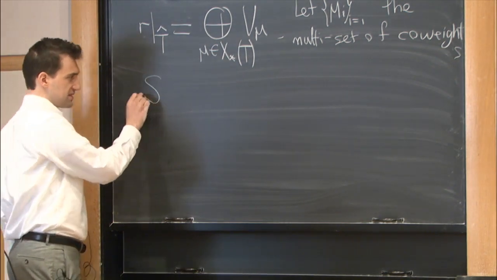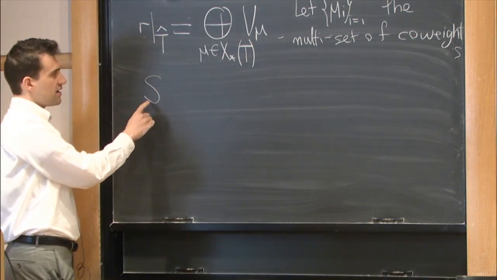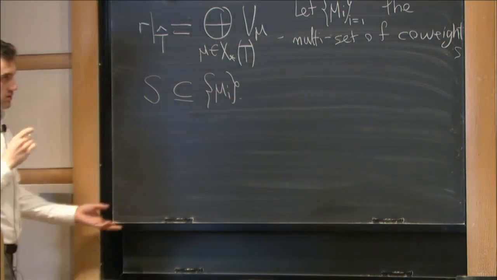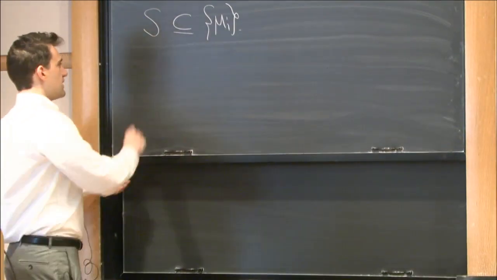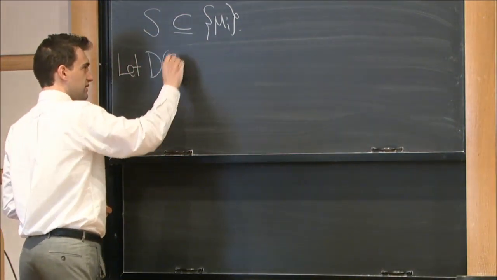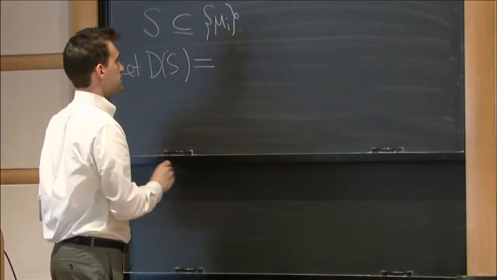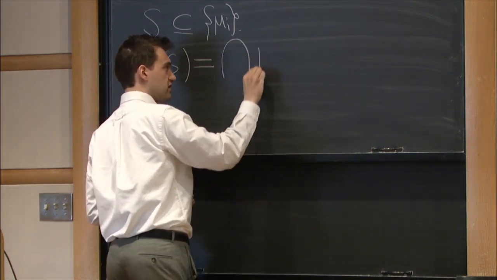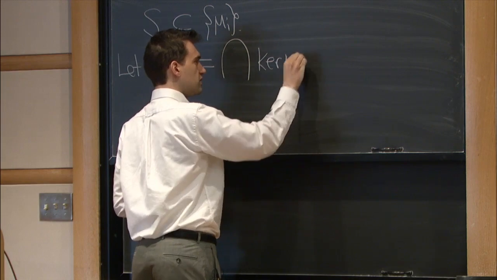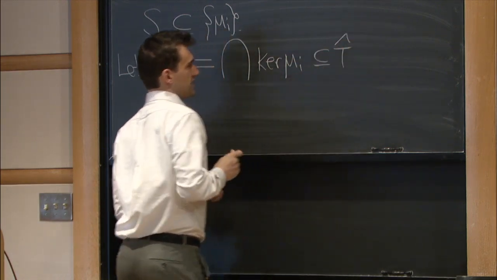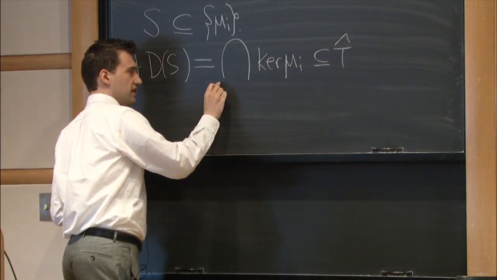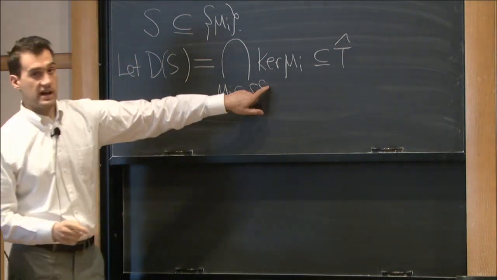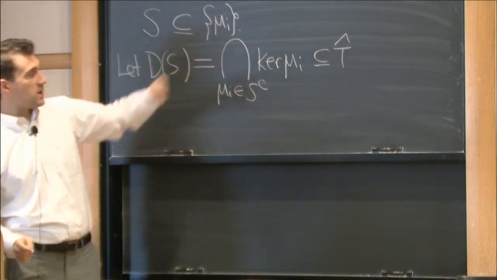OK, so S now, and this is going to come up a lot through the rest of the talk, S is going to always denote a subset of co-weights. And then I'm going to let D of S be a complex diagonalizable group. So it's the intersection of the kernels of the mu i's sitting inside T hat, and I'm intersecting over all the mu i which are in S complement, the complement of S inside the set of co-weights.